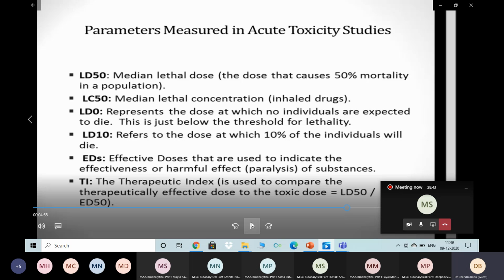In that sort of case we will call it LC50. So in toxicological studies, it is how much gas or liquid has been taken in by the organism. If it is in a gas chamber, how much gas was inhaled by a person which caused the death of that person will be called LC50. Because here we are not pushing the material into the blood plasma, it is being inhaled. That's the time when we call it LC.